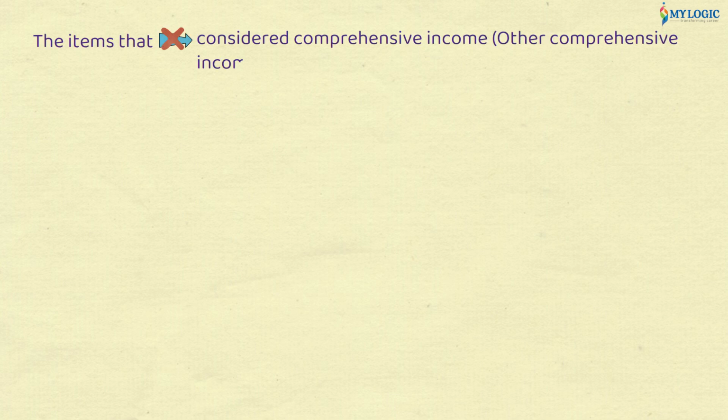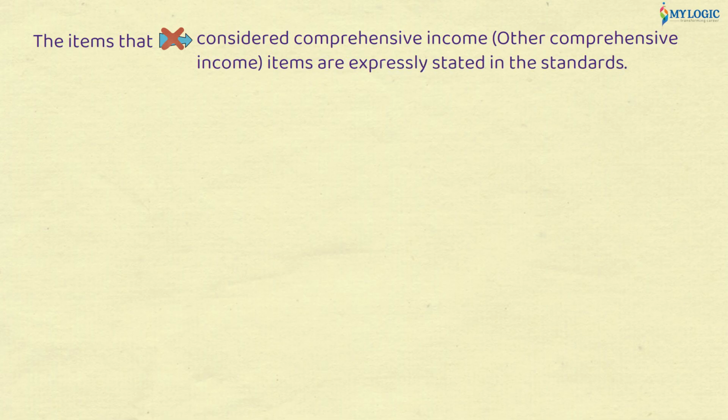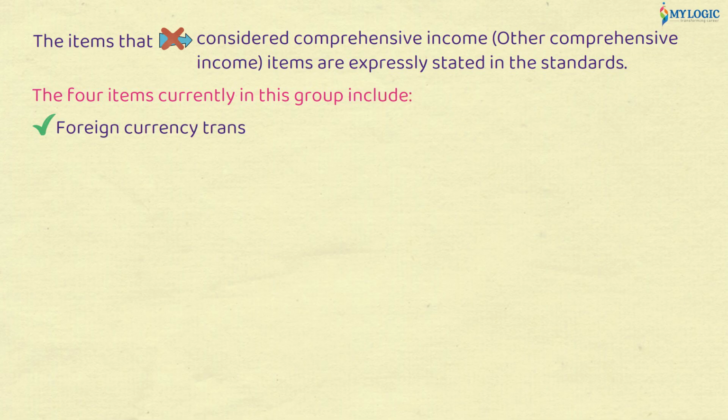The items that are not considered in net income are other comprehensive income items, expressly stated in the standards. The 4 items currently in this group include: Number 1. Foreign currency translation adjustments. Number 2.